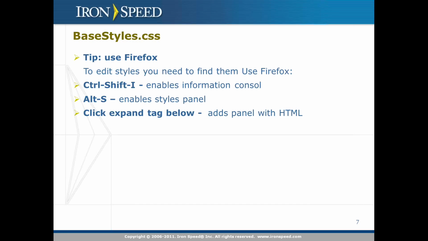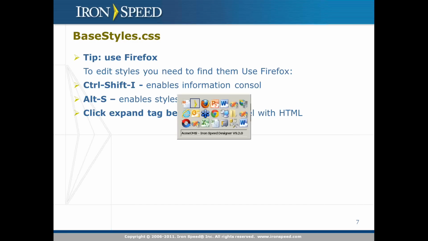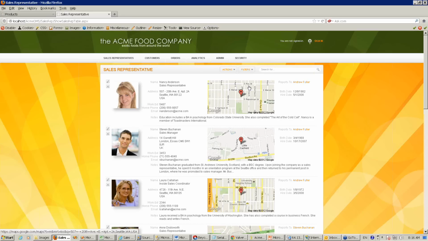So all we need to do is click Ctrl-Shift-I and Alt-S, and then you can literally see every element of your application. For example, I want to see which styles affect my header, just for the sake of example, or the page background, or container, or anything.